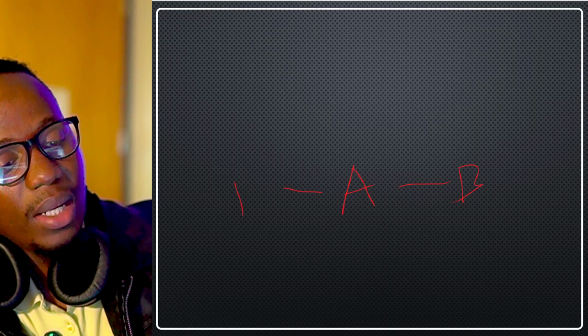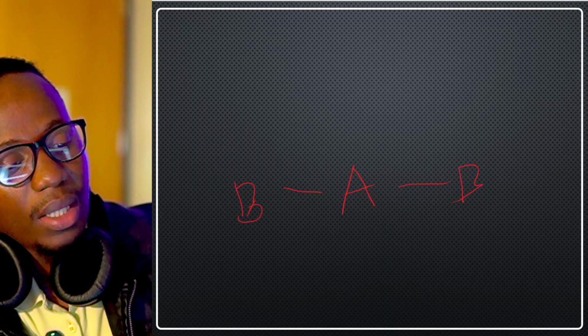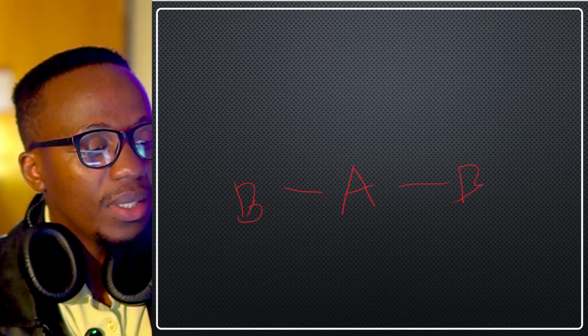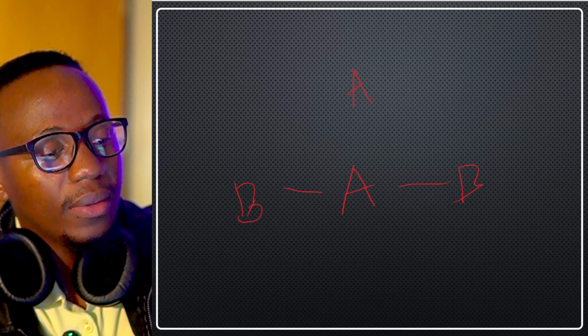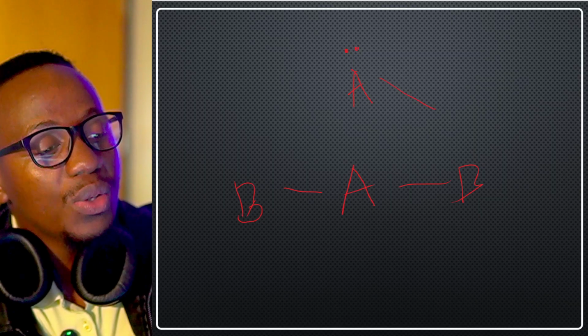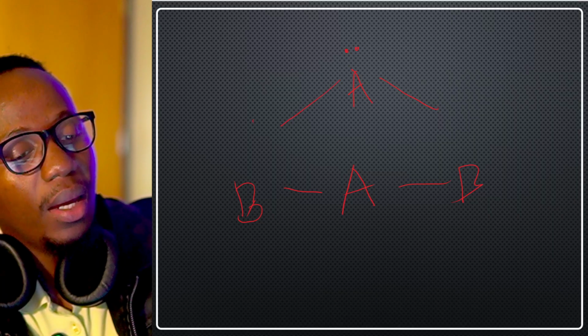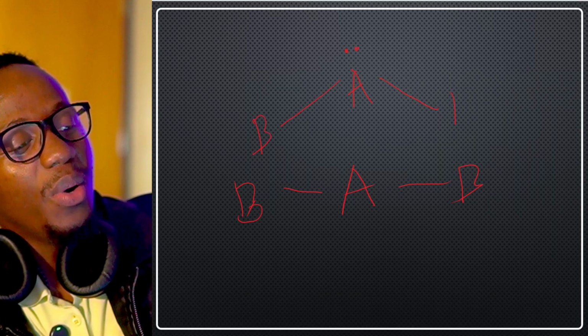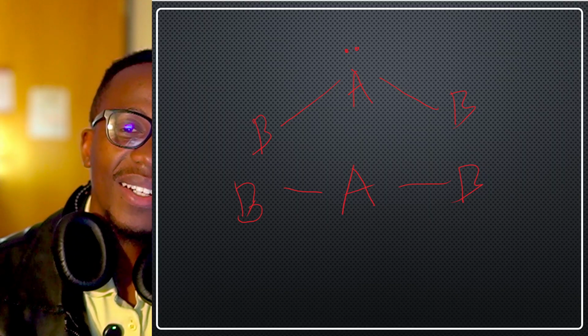So let's make it even simpler. If you have the center atom A surrounded by two atoms, it's going to be like this. But if the center atom A has 2 electron pairs on it, the electrons occupy space to the point where we make an angle here.